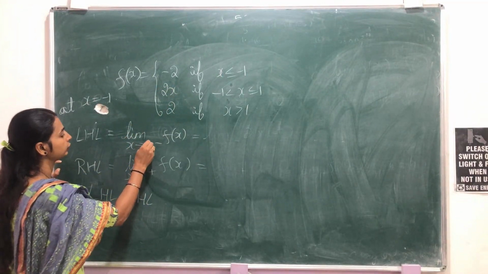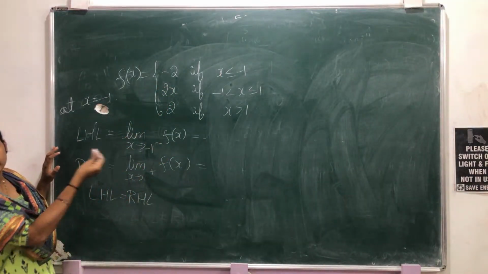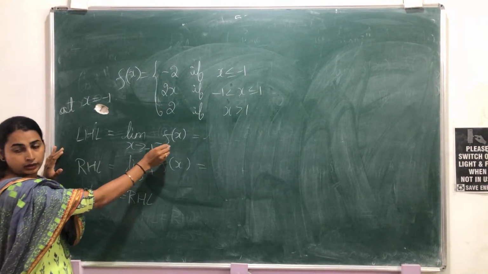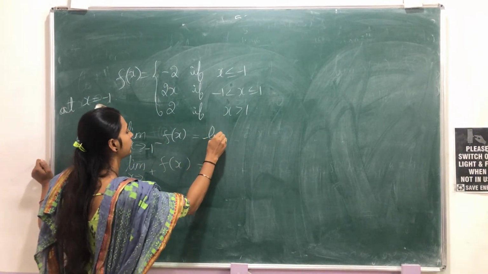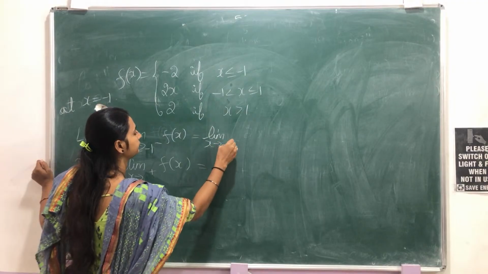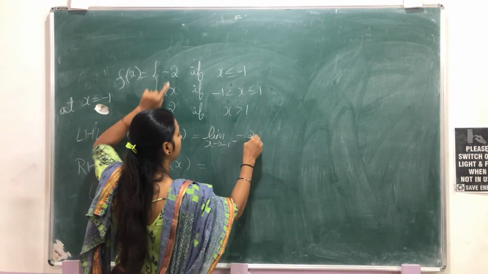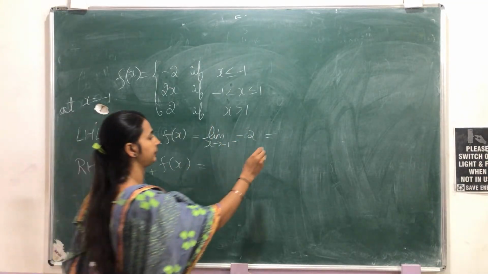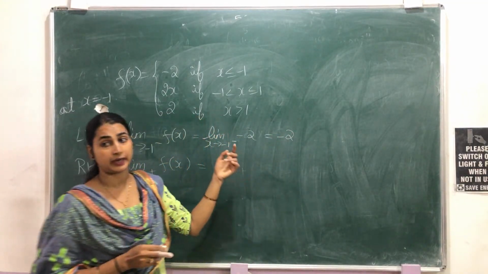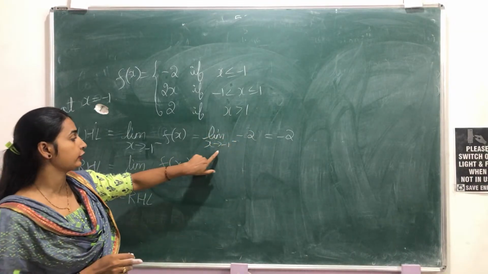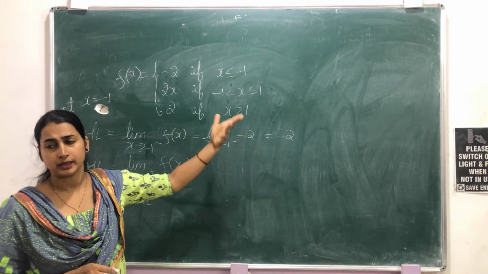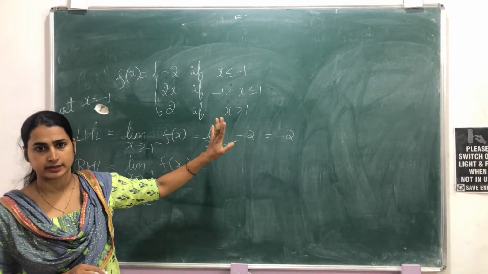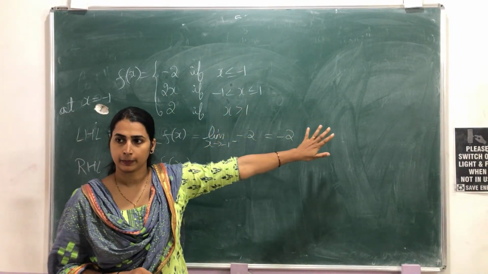So at x equal to minus 1 minus, left side of minus 1, f of x is minus 2. Is there anything to substitute? X is not there, so it will be as it is, minus 2. If it is minus 2x, then in place of x, you need to substitute minus 1. But there is no x term, no variable, it is a constant. Keep the constant as it is.